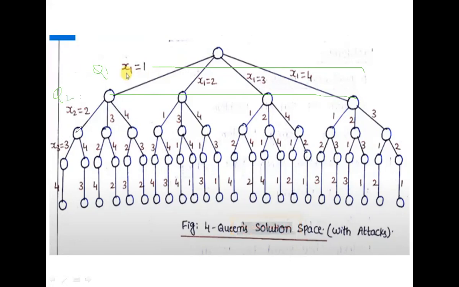This one is queen 3, and this part is queen 4.